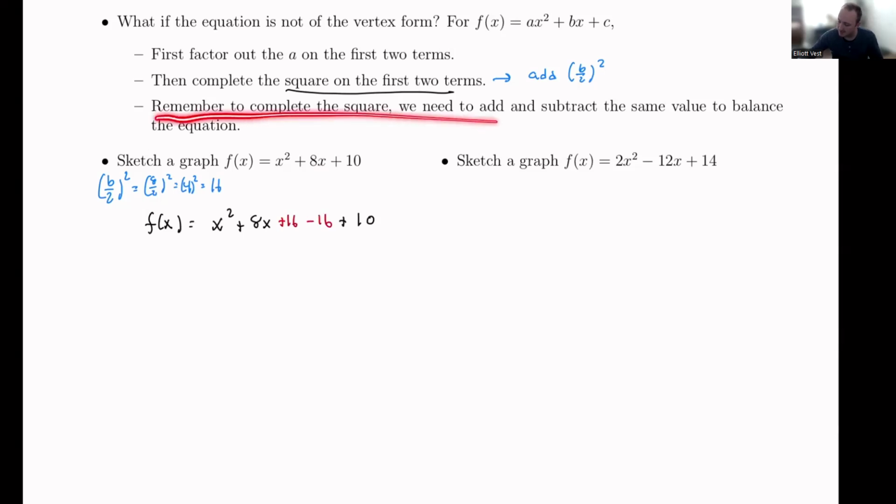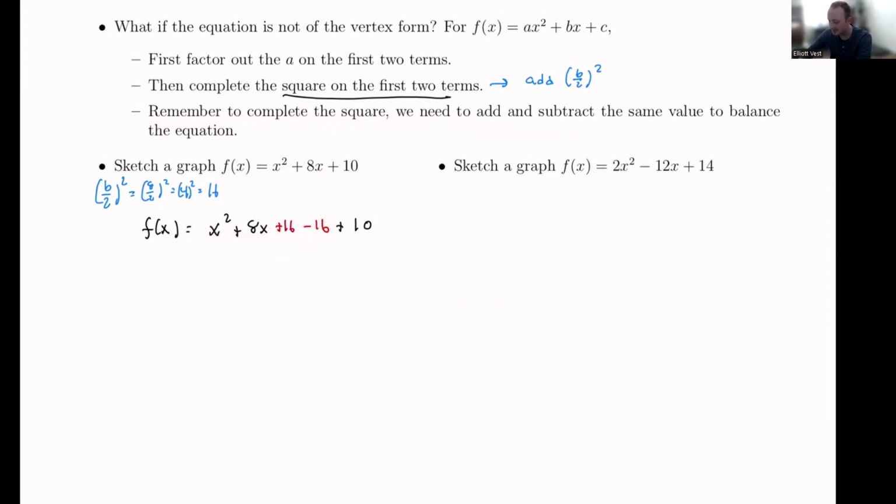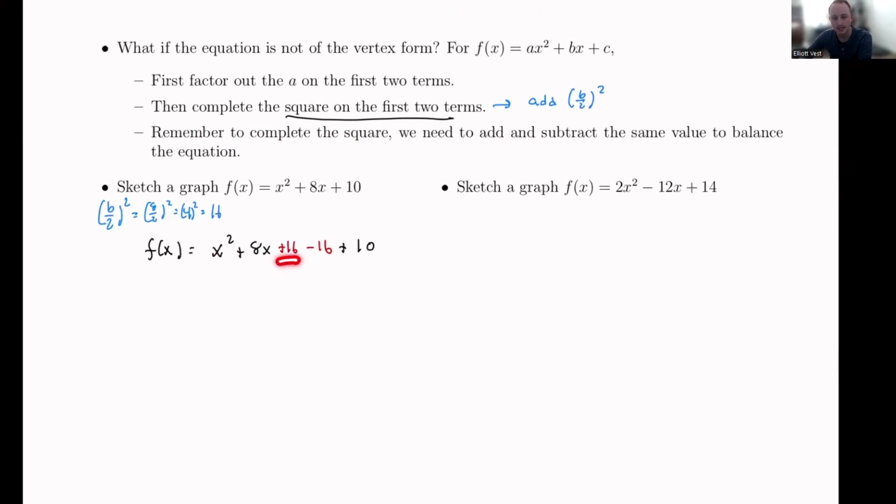That is what this is saying. If I add 16, you can't just add numbers willy-nilly, right? That changes the function. We want to make sure we're doing nothing different. We're just rearranging and massaging these numbers so that we can hopefully factor this into something cleaner for us to graph. In order to do that, if I add 16 and then subtract 16 right away, if I add 1 and subtract 1, I'm back to where I am.